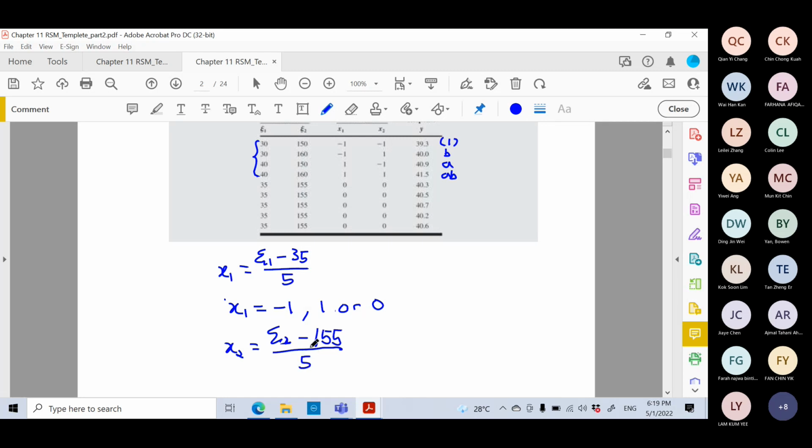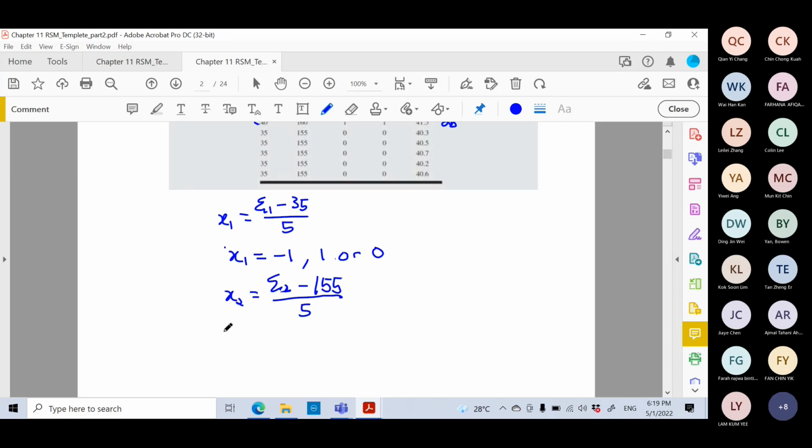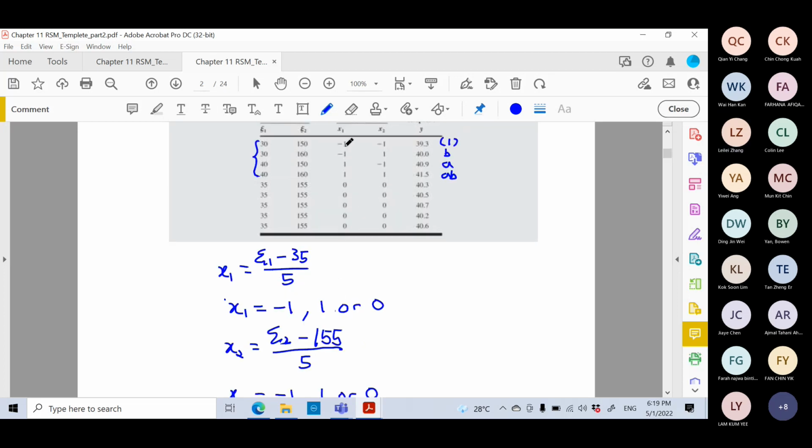Similarly to X1, X2 will also take the values -1, 1, or 0 when you substitute Z equal to 150, 160, and 155. If you do not get these 3 values, your conversion formula is wrong. After the conversion, there should only be -1, 1, and 0.